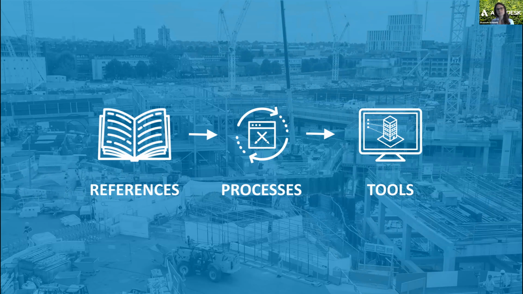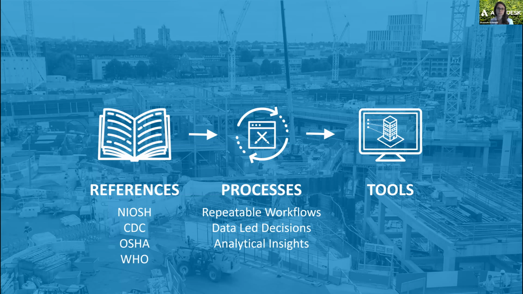Next, we need to establish an efficient method of working. We can be successful by taking the right references and resources as issued by varying agencies such as NIOSH, CDC, OSHA, WHO, AIA is coming out with things, and many more, and putting this information into a sustainable process. A sustainable process is going to be one that's repeatable.